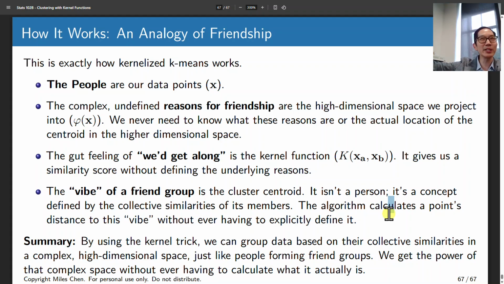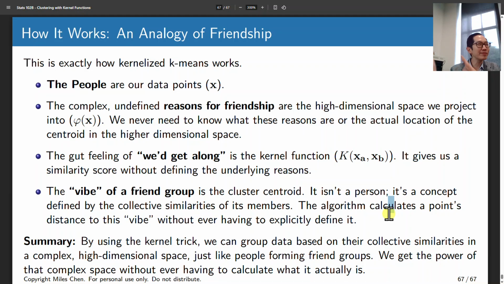So probably I'm going to get along as a whole with this collective. Versus this other group, where I don't feel like I have much in common with this individual, or this individual, or this individual. So as a whole, I don't feel like I belong in that group, right?